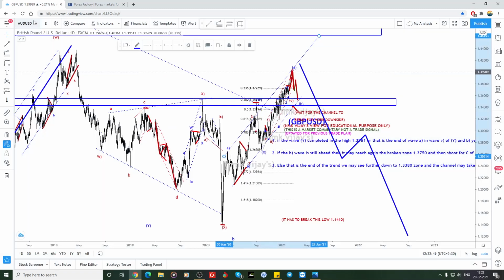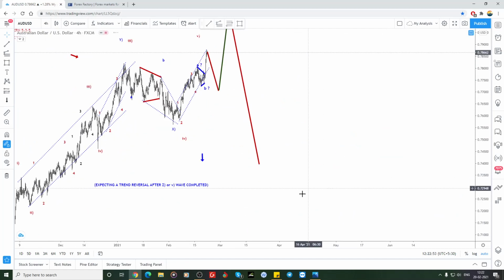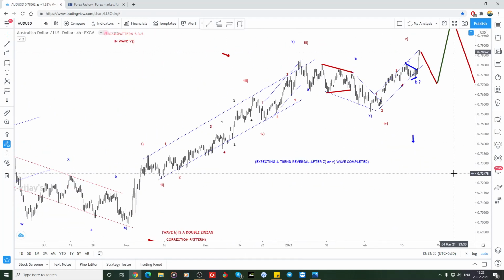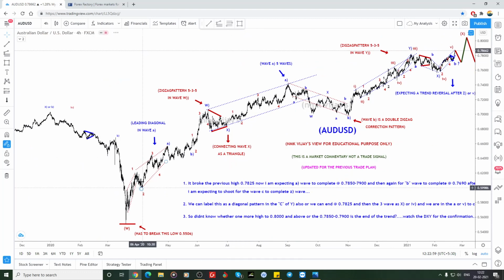So Australian dollar also, it has already broken the high, right? So in this also, here A, B, or we can make this a 1, 2, 3, 4, and 5.